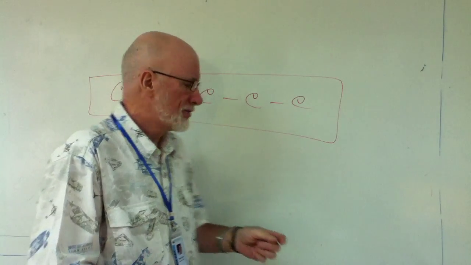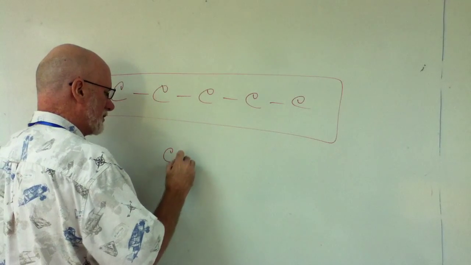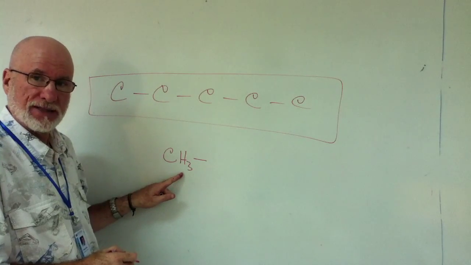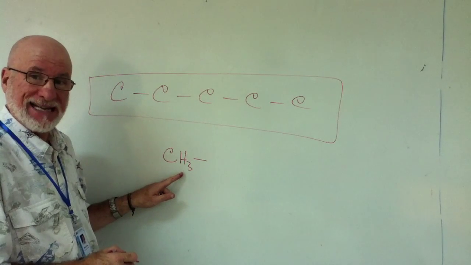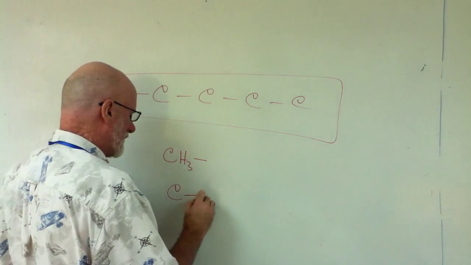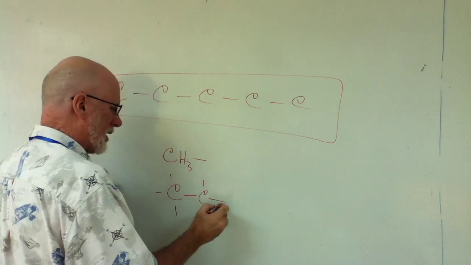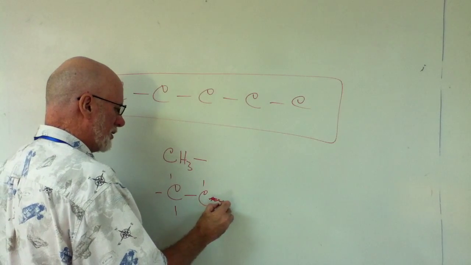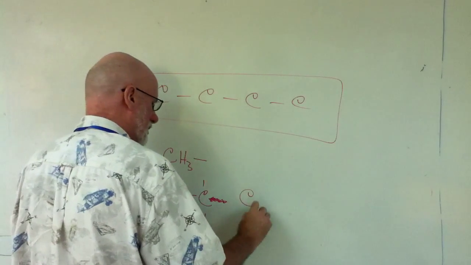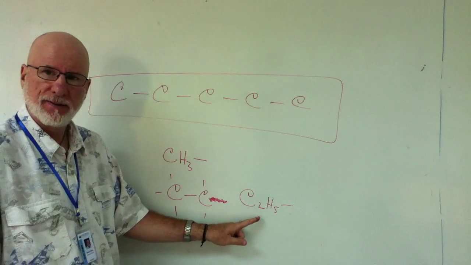But if I said this, isn't that a functional group? That's a functional group. That's methyl, but that's an alkane. And then you can also have this with one bond to something, right? That's ethyl, right?